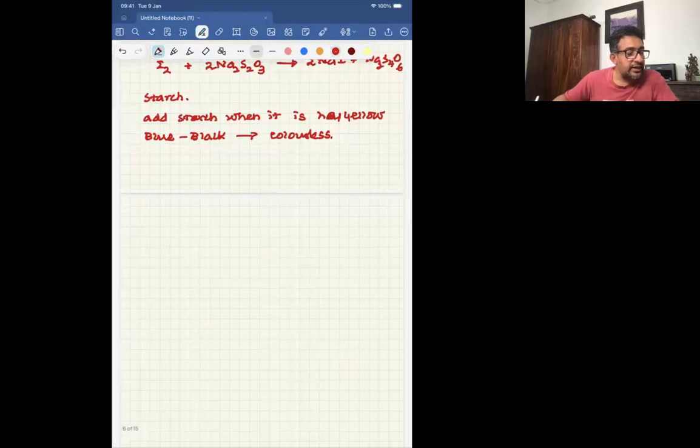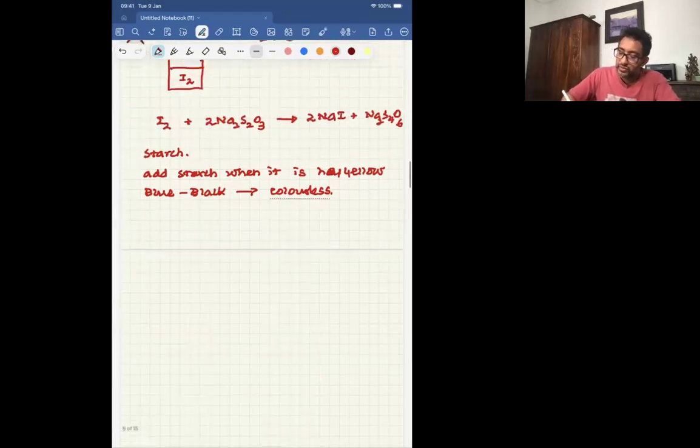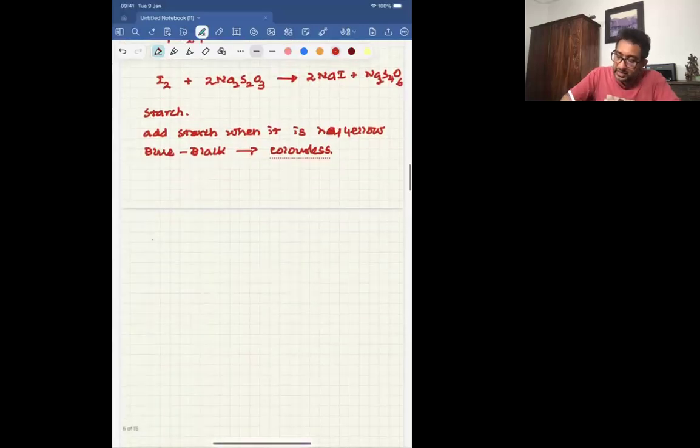Calculate the concentration of iodine in moles per cubic decimeter and grams per cubic decimeter. Let us do that. So the number of moles of iodine to the number of moles of sodium thiosulfate, Na2S2O3. Iodine is 1, sodium thiosulfate is 2.